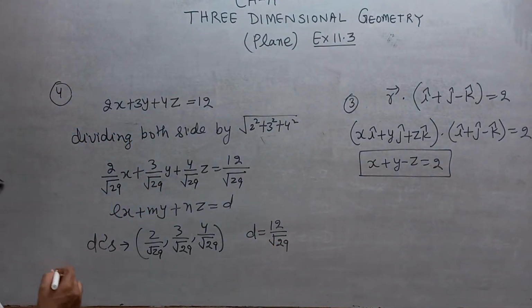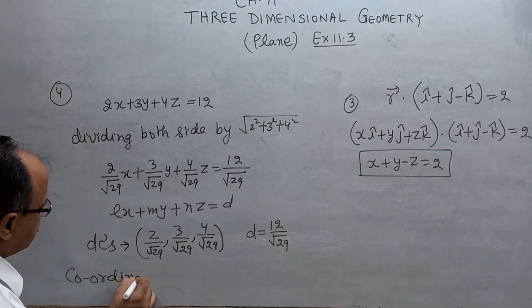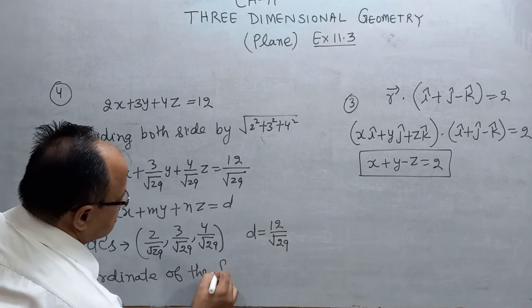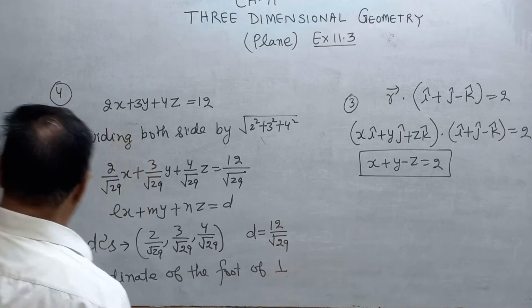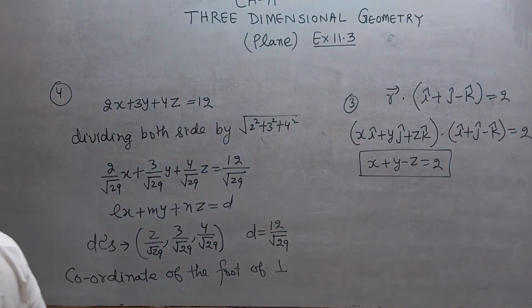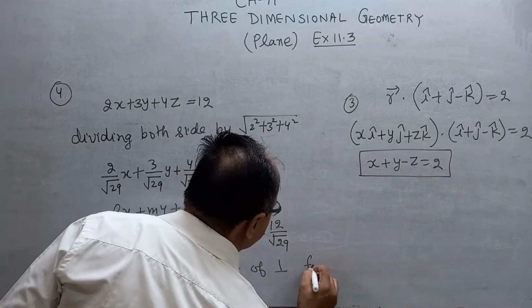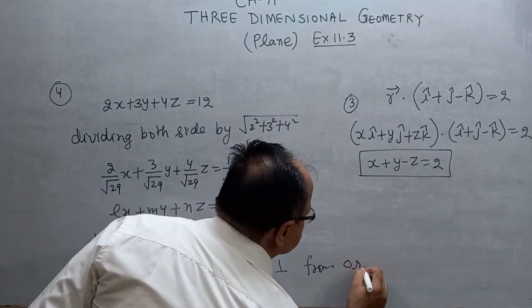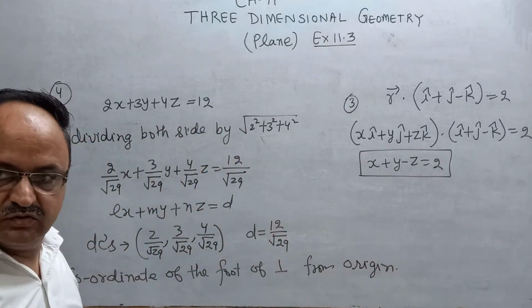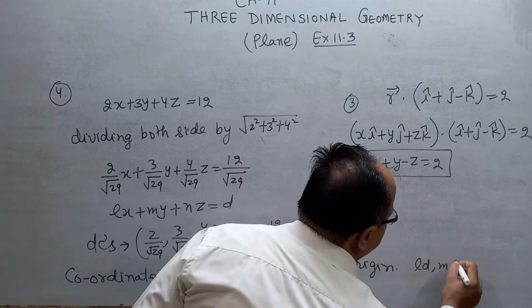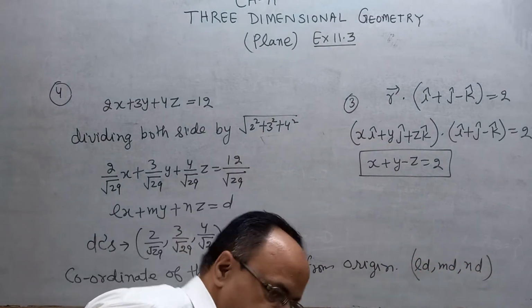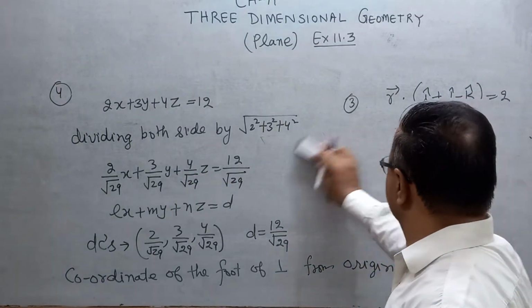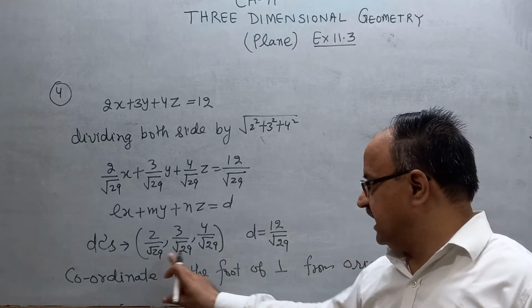And the coordinates of the foot of perpendicular from the origin. The formula you know: ld, md, nd. l, m, n you know, and this is d.